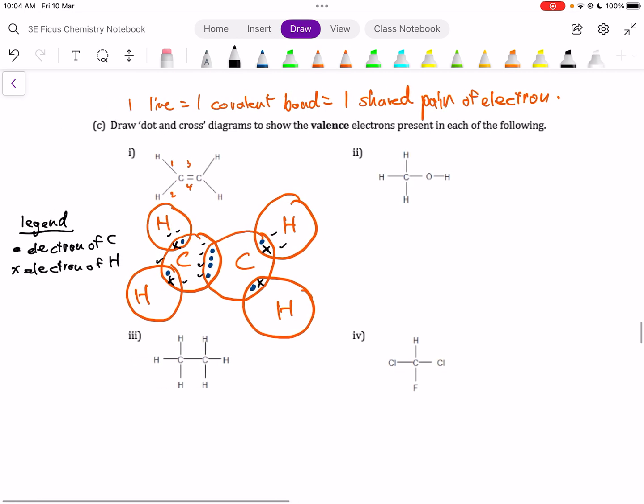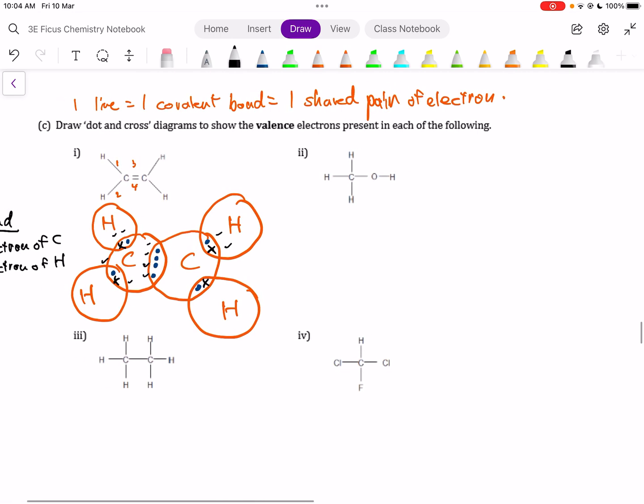Okay, let's take a look at this. This one is methanol. I'll start off with the carbon. You can see there are 4 bonds, 1, 2, 3, 4, around the carbon.